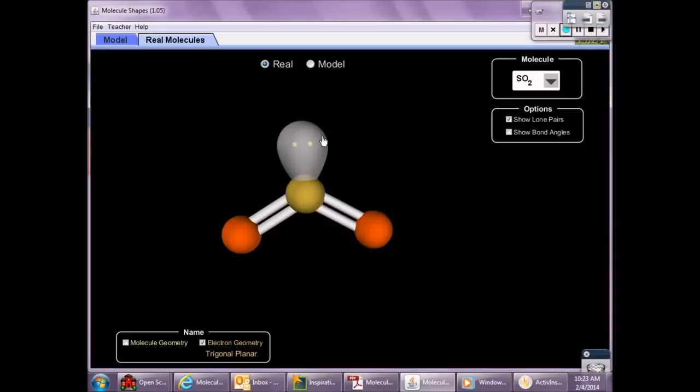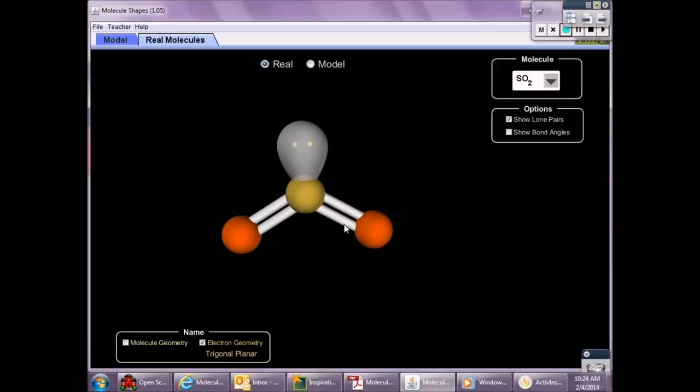I don't want you to give me a specific bond angle. It doesn't have to be specific, but you are comparing to what you had before. Do you think the bond angle from here to here is 120? Is it less than 120? Is it more than 120?